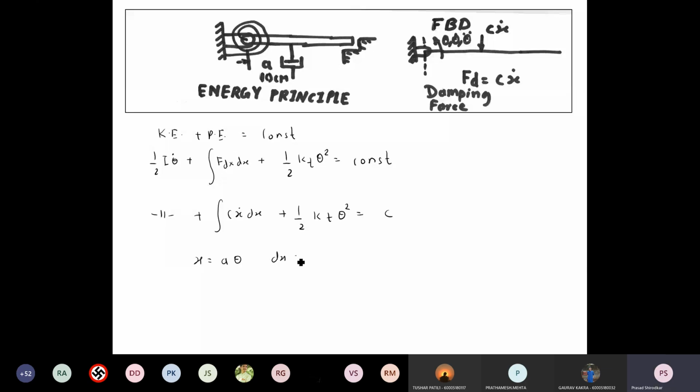Now write x is equal to a theta. So dx will be a d theta and x dot will be a theta dot. Substitute all these values in this equation.